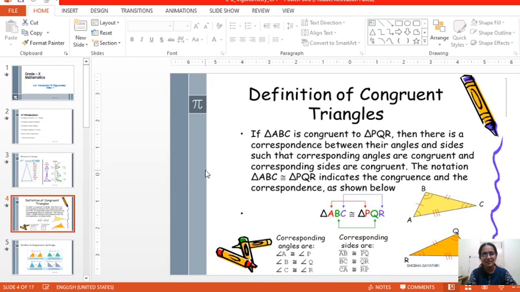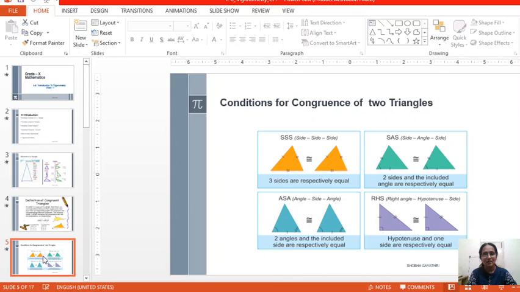Later, in 7th standard, we studied the congruency of triangles. What do we mean by congruent triangles? Two triangles are congruent when 3 corresponding angles and 3 corresponding sides match. I will not go into detail, just to recollect the concept of congruency.